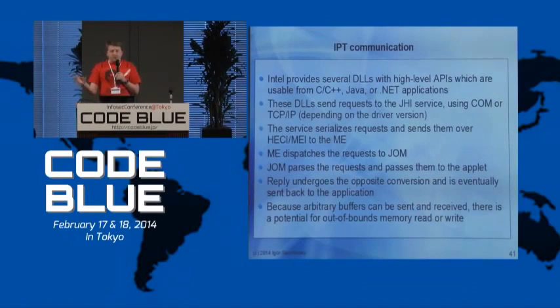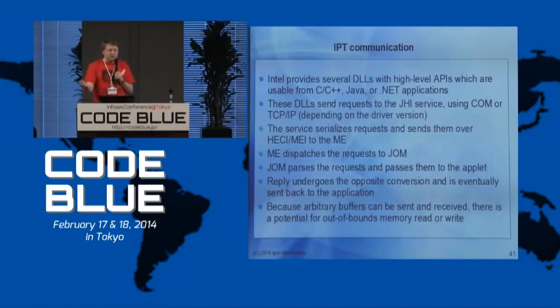The ME on its side parses those requests and passes them to this module, the job module. The job module parses the requests and decides to which applets they should go. And so then it comes to the applet, and for example, to that on-command method, which does the actual work. And the reply goes in a different way.